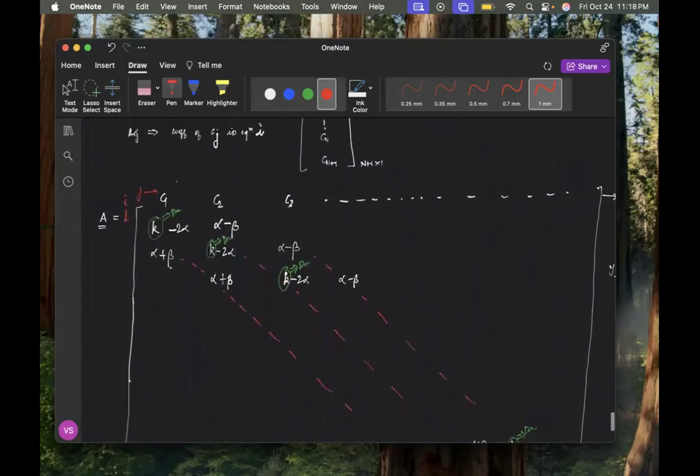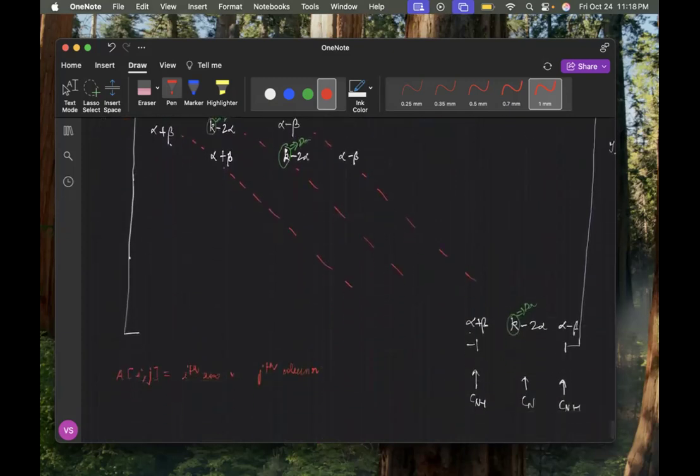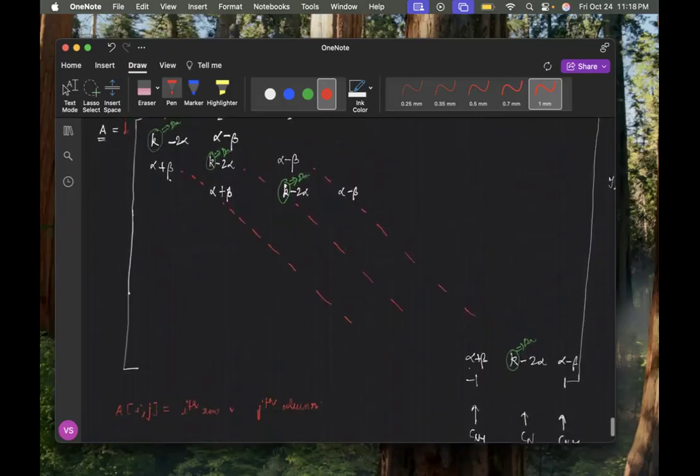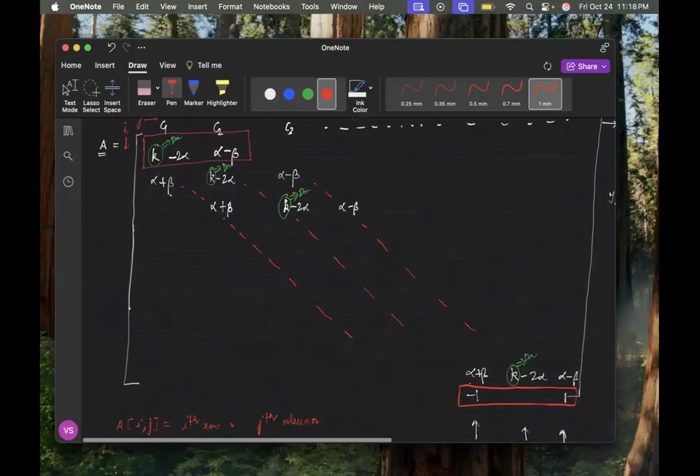So the boundaries that we have are the last row, which is this, and the first row, which is this, right? There are no other boundaries. So it's just the first and the last row that are the boundaries.